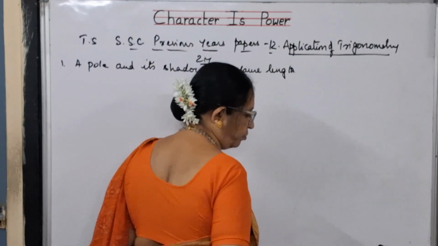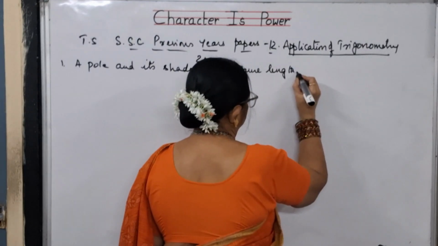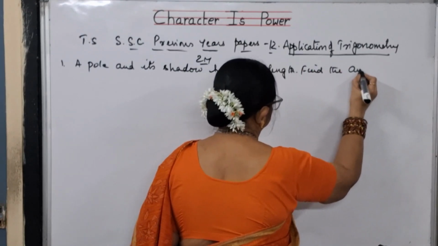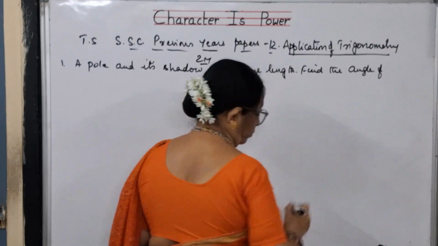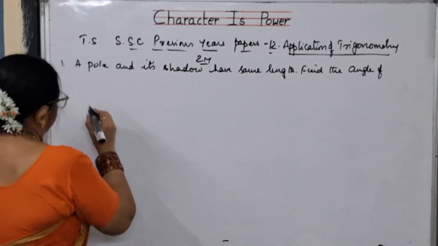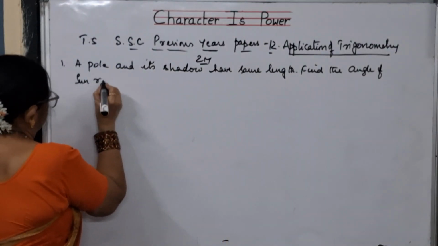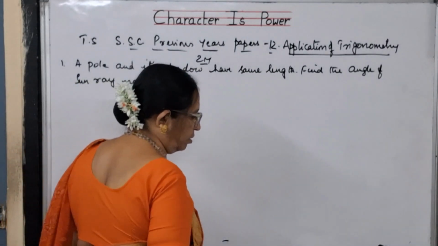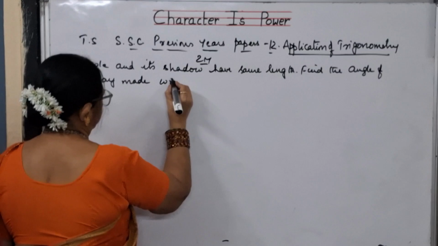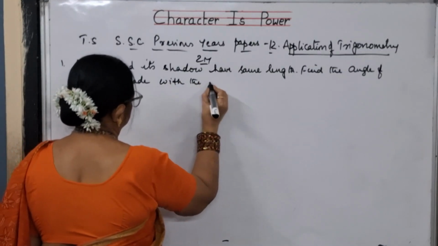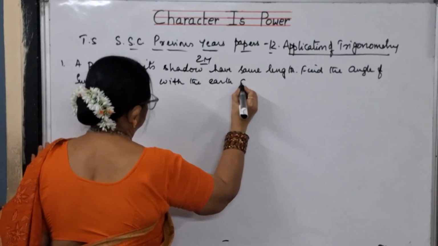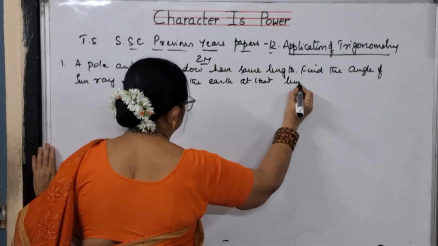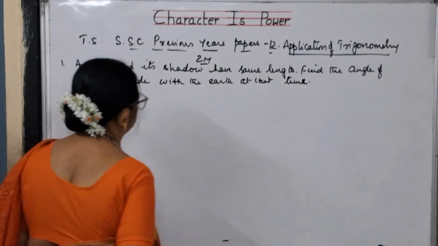Find the angle of the sun ray made with the earth at that time. This is the question.